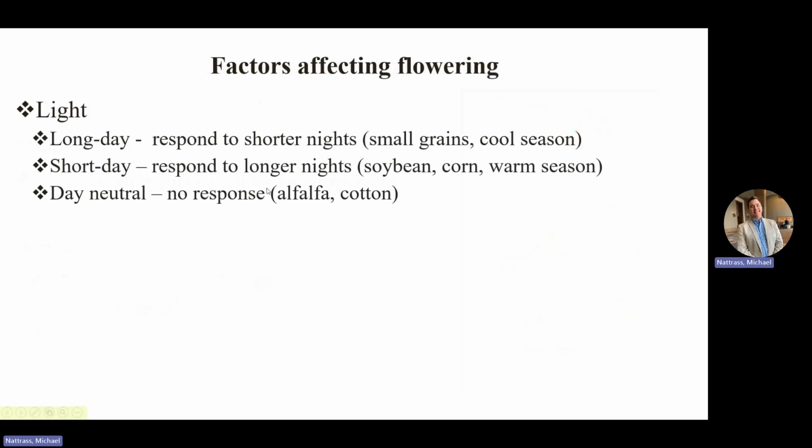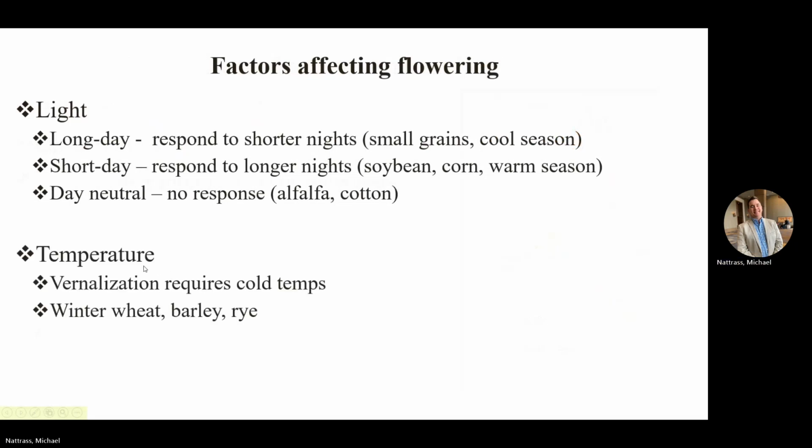And then we have day neutral that are not really very dependent upon the light intensity or the duration of that. Maybe the light intensity, but not the duration. So like alfalfa or cotton, tomato is day neutral. However, they are responsive to temperature.